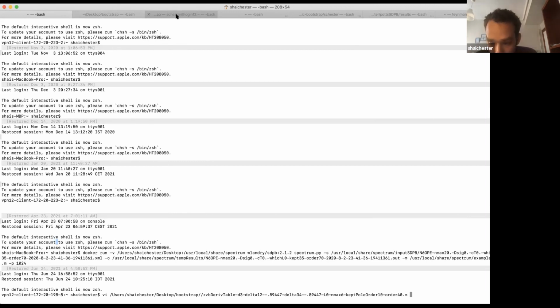So here in Docker, I'm going to the command where I turn these things into the right format. This is called PVM to SDP. Let's just go through again how Docker works. The way it works is that you're sharing a certain notebook on your laptop, which in my case is users Shai Chester desktop Bootstrap.